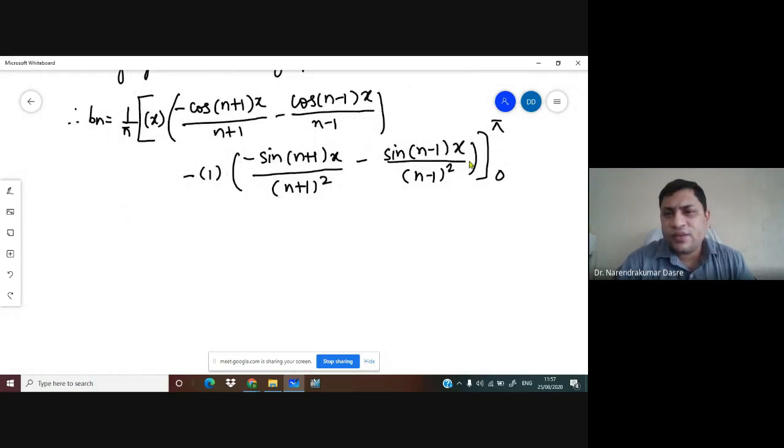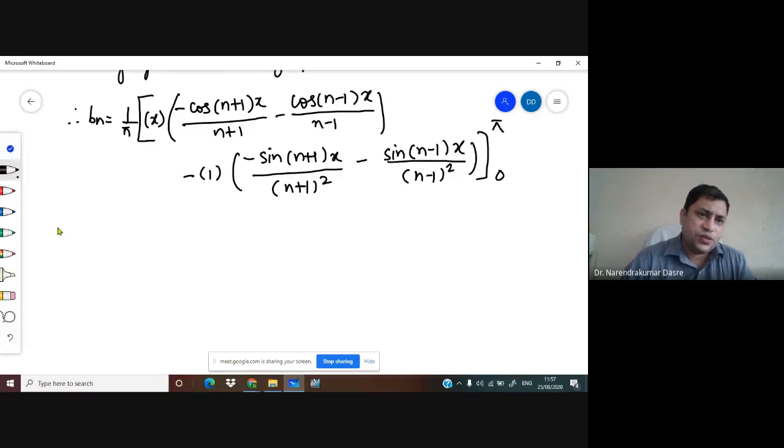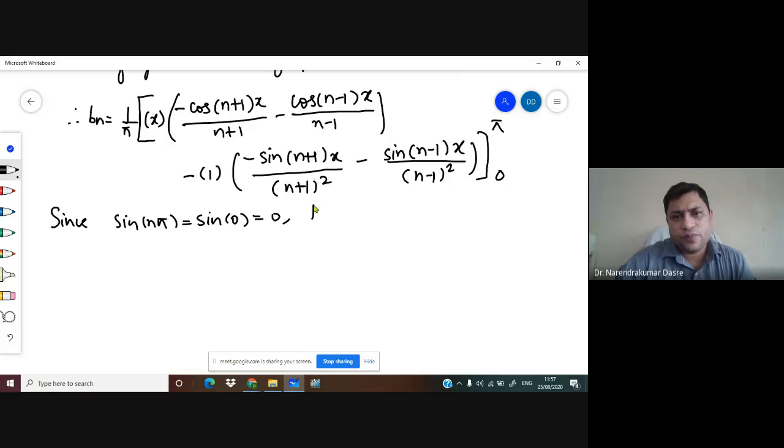Now we know these sine terms are going to be 0 at pi also and at 0 also. So we write here, since sine of n pi is equal to sine of 0 is equal to 0. Hence, we get this, both the terms will vanish at pi and 0 also. So we get bn is equal to 1 upon pi.